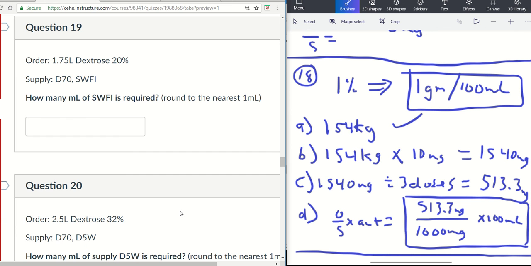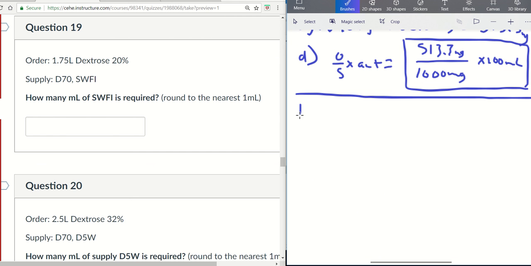All right. 19. What type of problem is 19? Alligation type 1. So let's see. Order goes in the middle, 20.